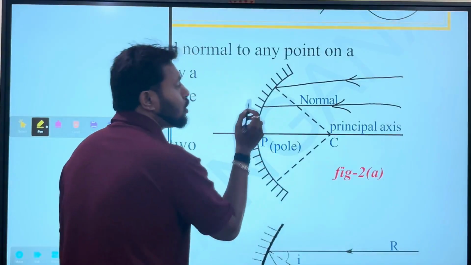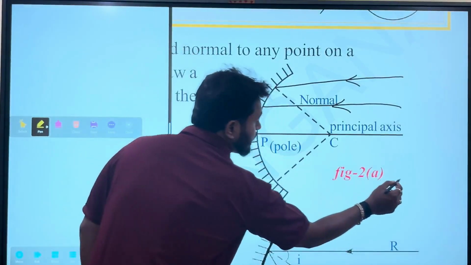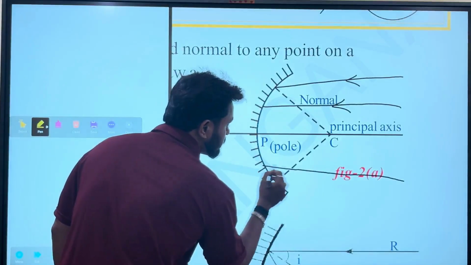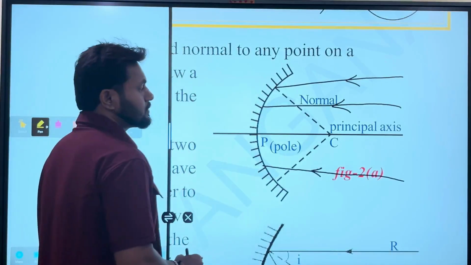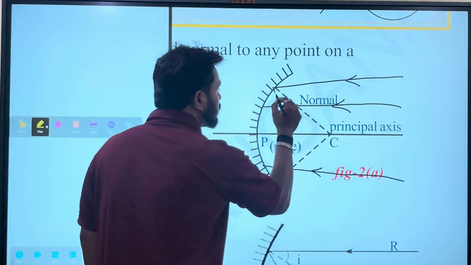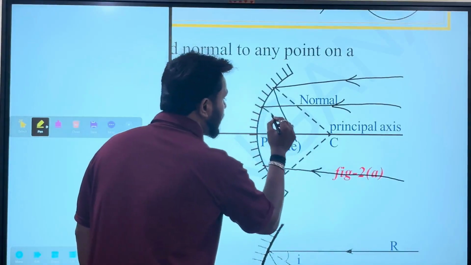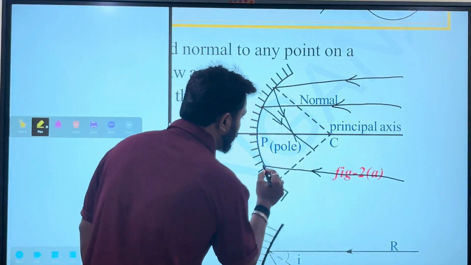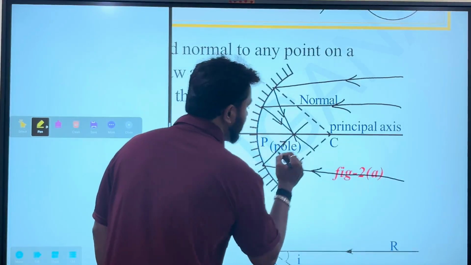This line can be drawn on the top and from below too. Now this will have its own reflection, and this will also have its own reflection like this.